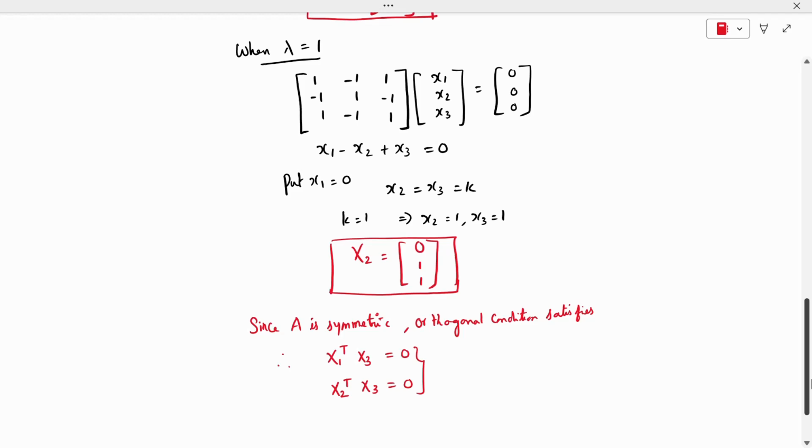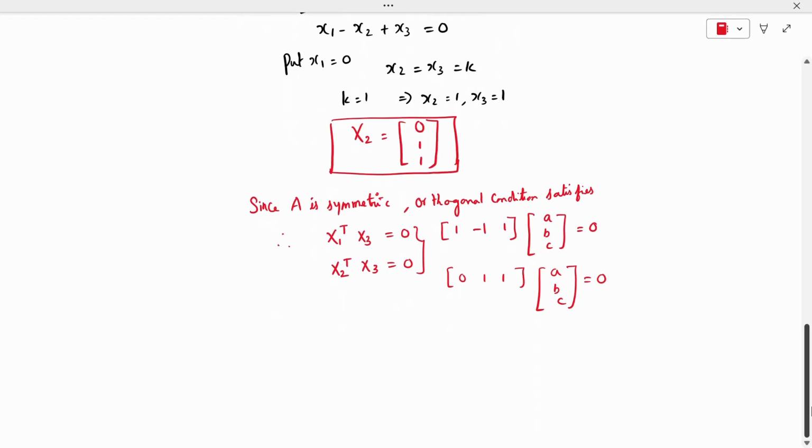x1 transpose is 1, minus 1, 1 into a, b, c equal to 0. Same way, 0, 1, 1 into a, b, c equal to 0. So it is two equations: a minus b plus c equal to 0, and 0a plus b plus c equal to 0.